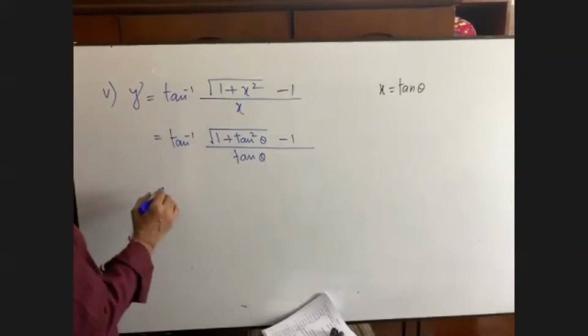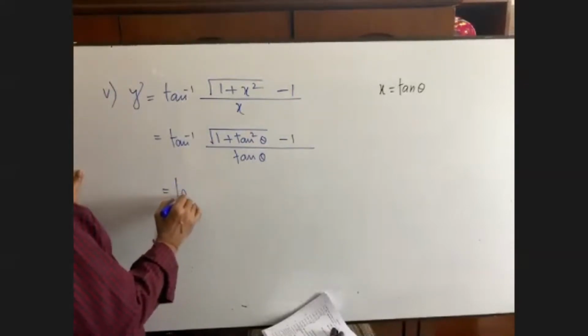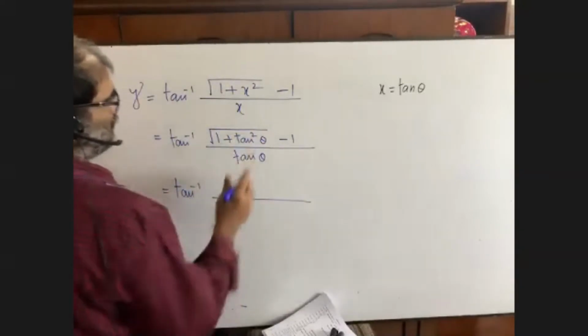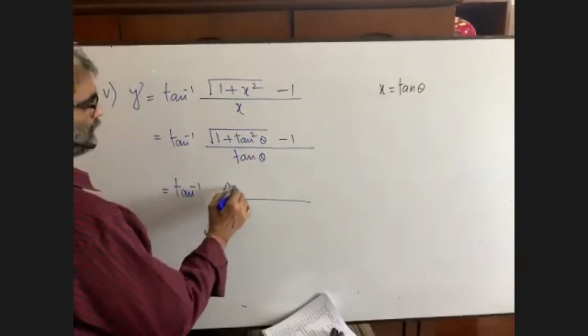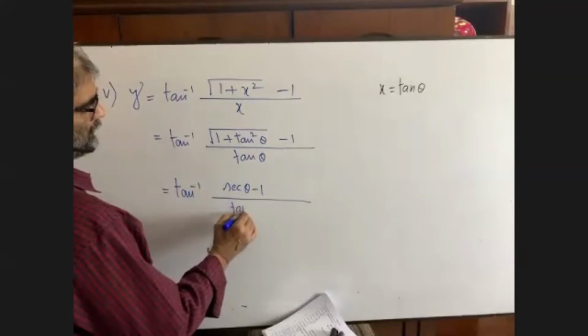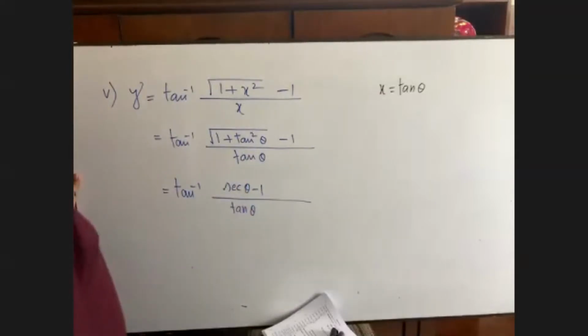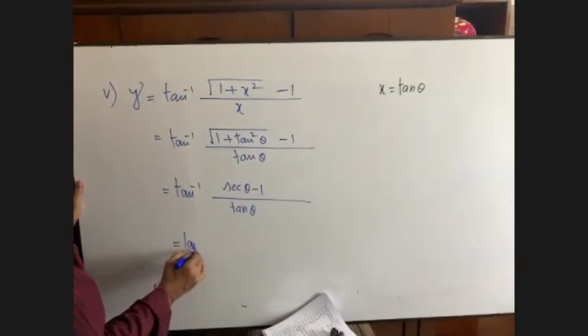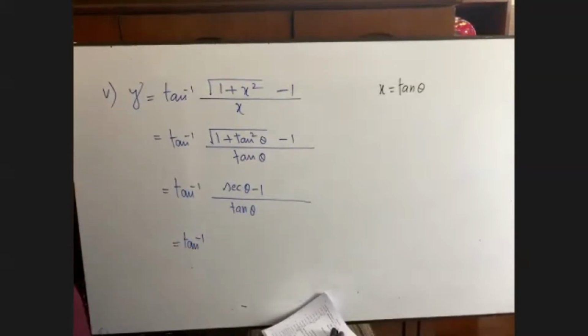Then what is the formula of 1 plus tan square theta? Sec square theta. So can you write sec theta minus 1 by tan theta? Even after that, this math is hard to calculate. So what will you do? You'll convert into sine and cosine. So do it. Tan inverse, sine theta and cos theta.